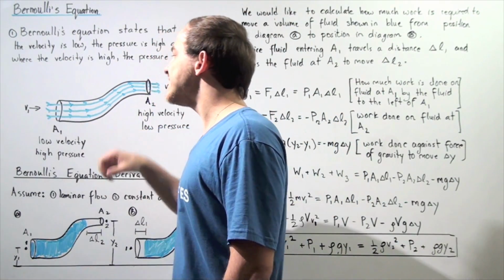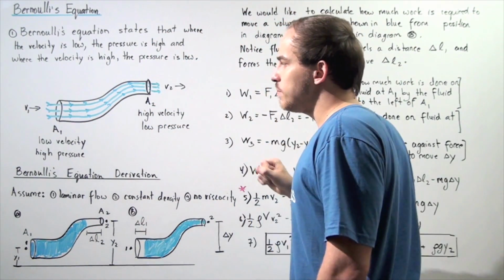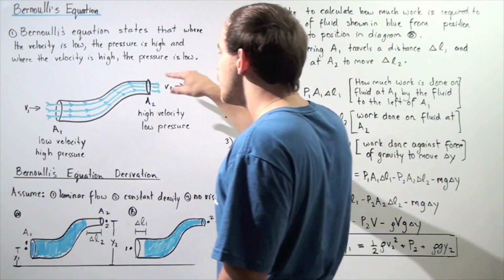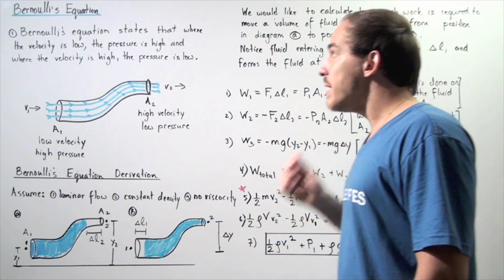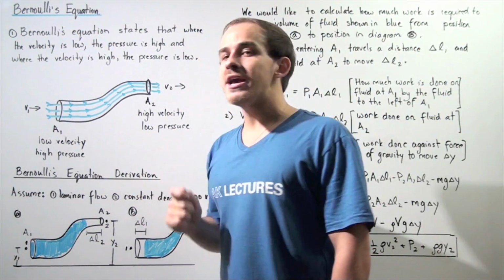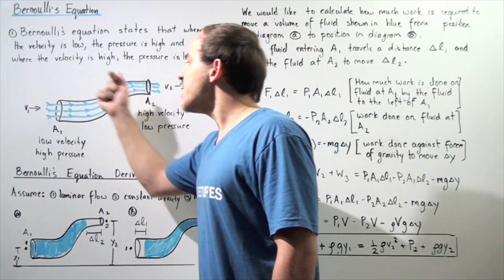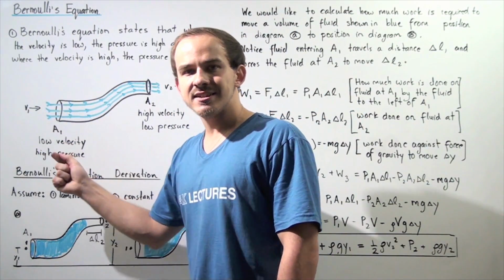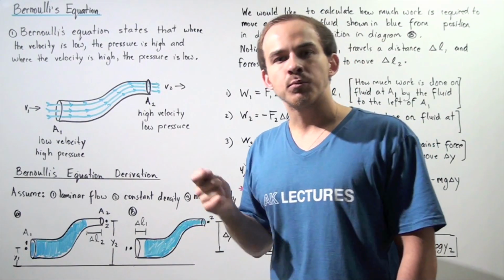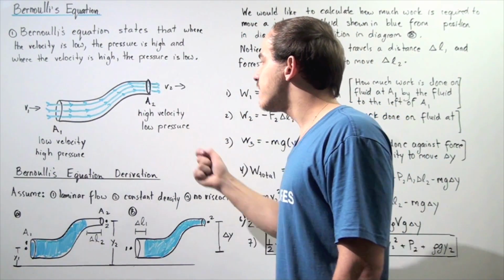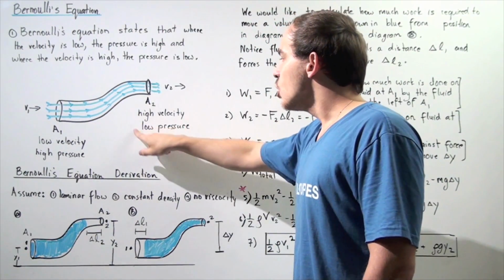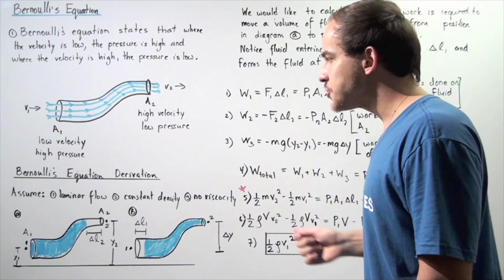So V1 is smaller than V2 because A1 is larger than A2. And basically what Bernoulli's equation tells us is where we have a lower velocity, we must have a higher pressure. And where we have a higher velocity, we must have a lower pressure.